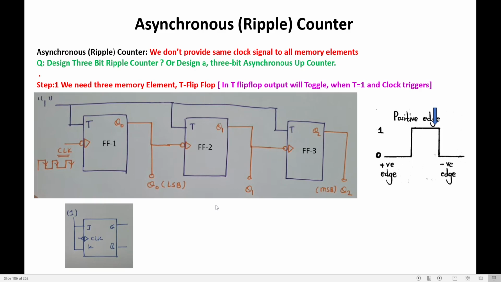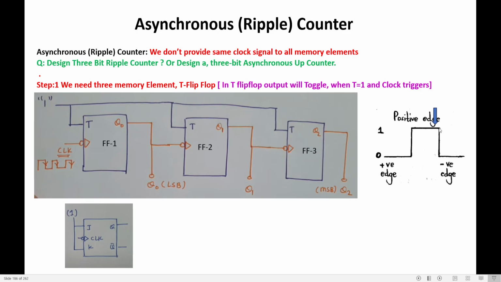Now I should know in which clock pulse this T flip-flop works. The T flip-flop will work only during the edges. Can you see this is a clock pulse? So it will work only in the edges. Which edge will it work? It will work only in the negative edge. What is positive edge? If it goes from 0 to 1, positive edge.